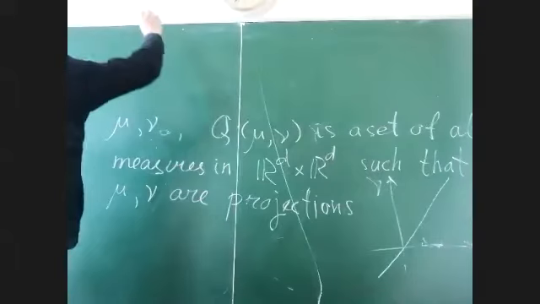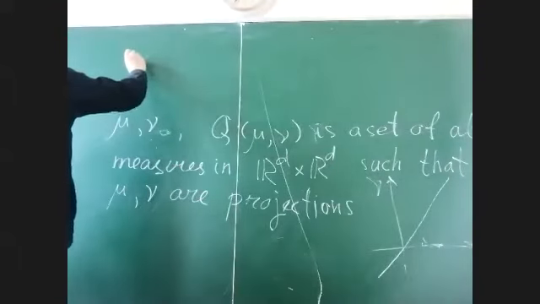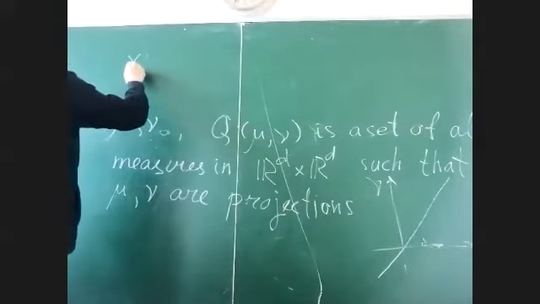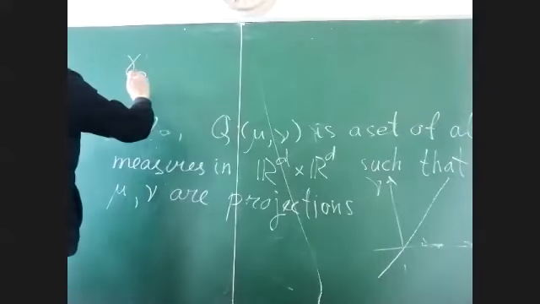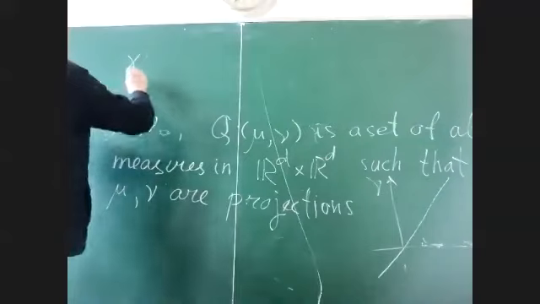Here, I will denote gamma p. Let me start from gamma 0.